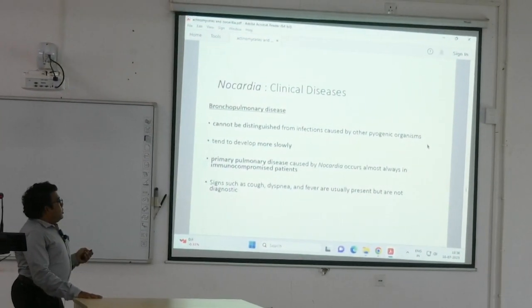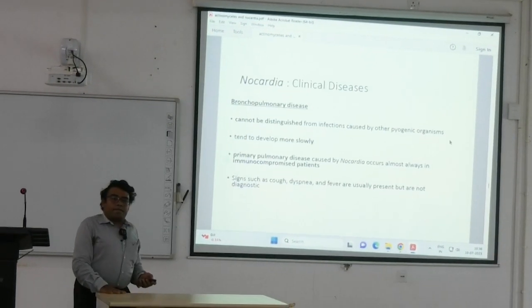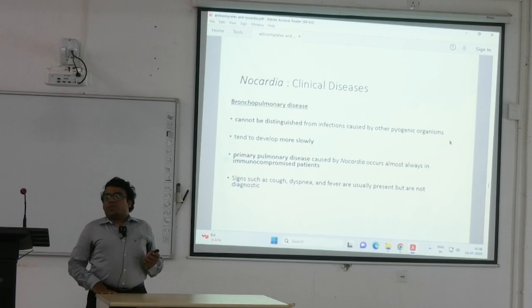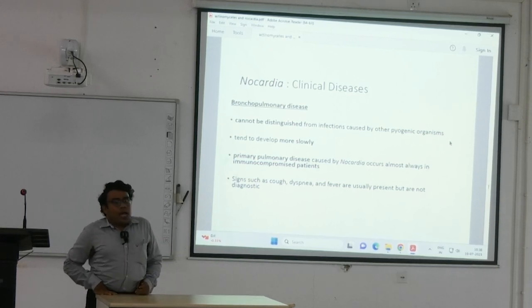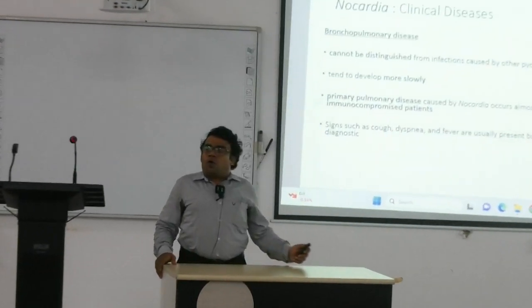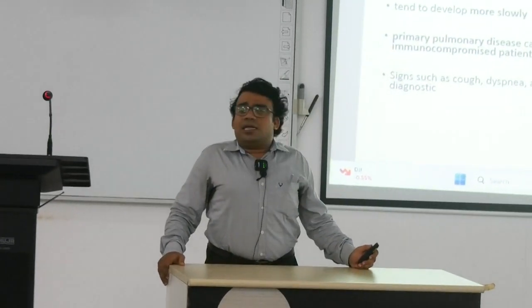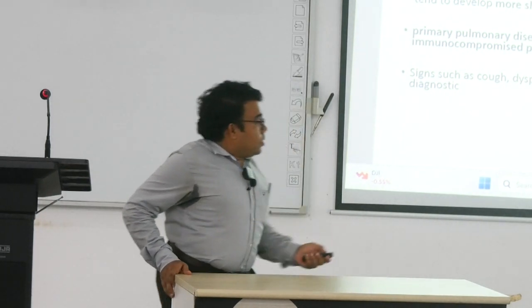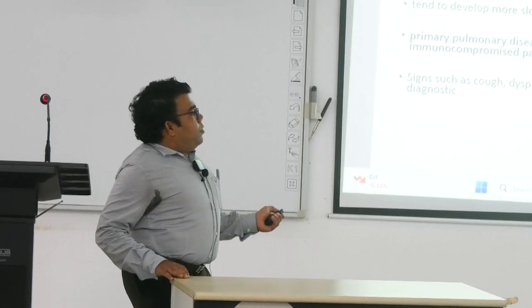Now, bronchopulmonary disease: even though this organism is slow going, the disease may present itself like any other bronchopulmonary disease. Clinically, they are not different, and they develop more slowly.